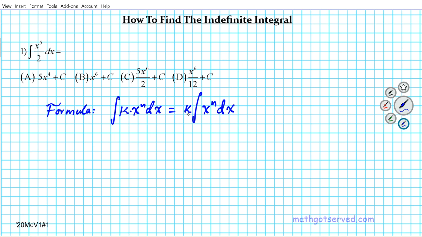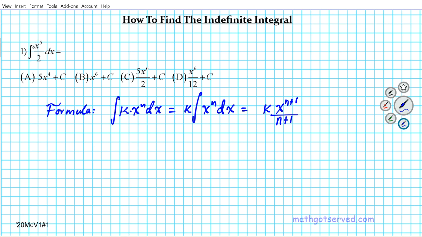Okay, so notice I factored out the constant multiple. Now I'm going to apply the power rule here, and this is going to be k times x to the n plus 1 over n plus 1. And don't forget, whenever you're finding the indefinite integral, basically if you have a and b, that's definite, because you have an upper and lower limit, so it's defined where you're starting and stopping.